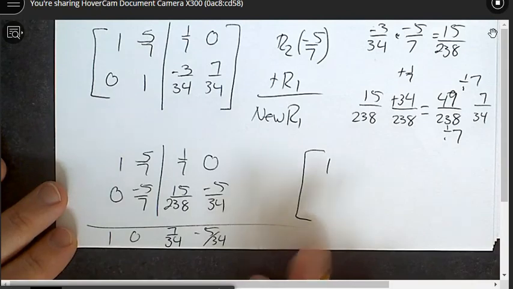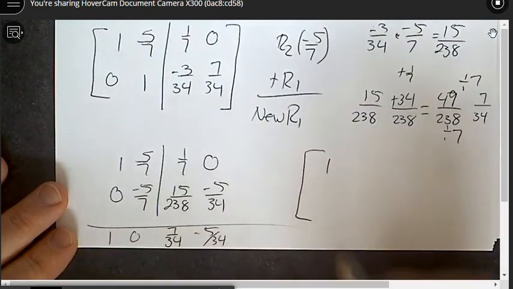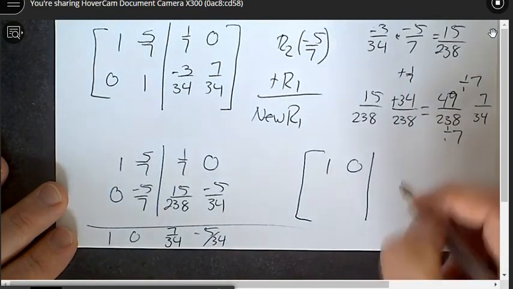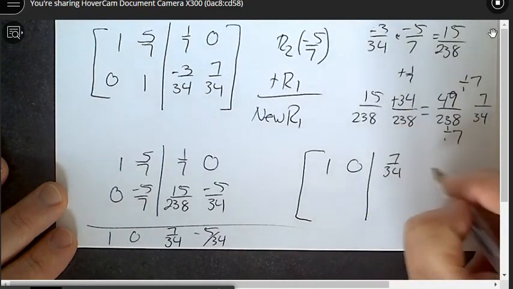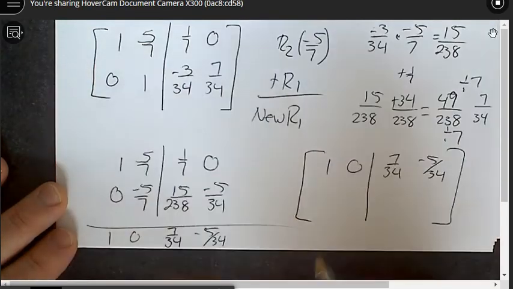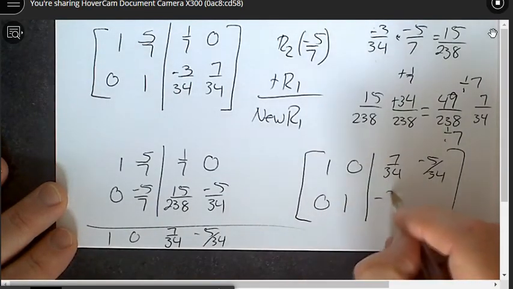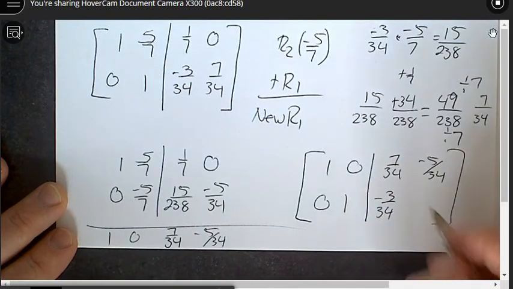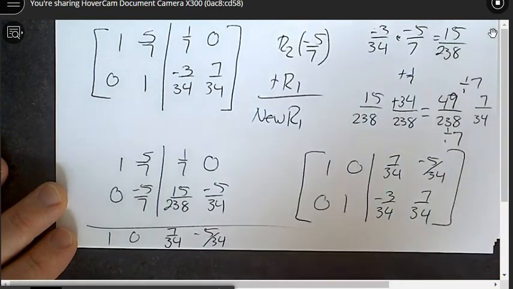Okay, so our inverse was, so this is our new row 1, so it's 1, 0, 7/34, -5/34. And our bottom row was still here, was good. It was 0, 1, -3/34, and 7/34.